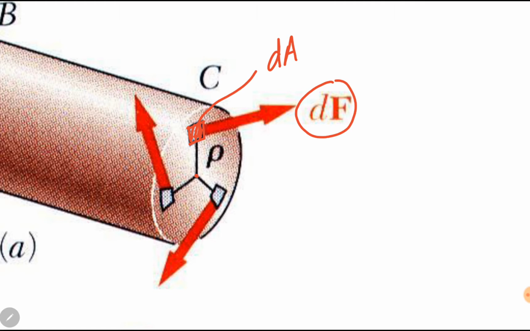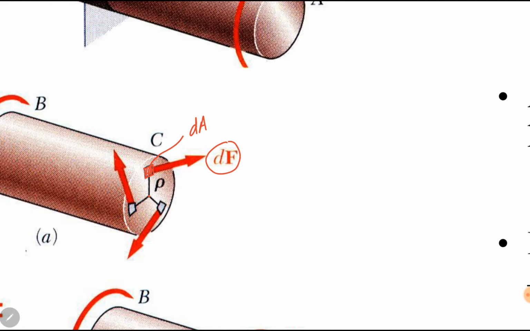So rho is a variable term used for radius in this chapter. The torque is actually the product of the force and its distance from the center about which it produces twist. So there are multiple forces applied at multiple areas.